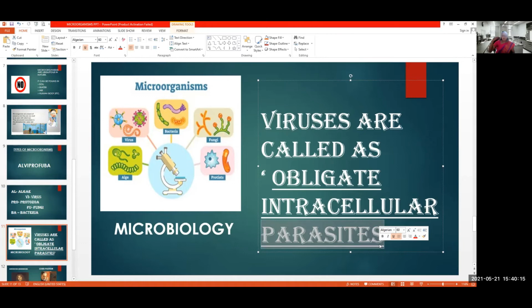What do you mean by obligate? Strictly. Intracellular means within the cell, within any host cell. In humans, it could be within the lungs, the intestine, or the nose. If the virus enters the nose, we get the common cold.